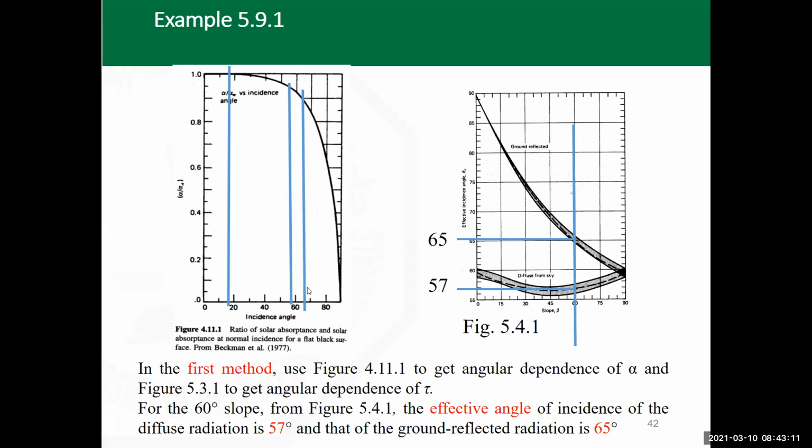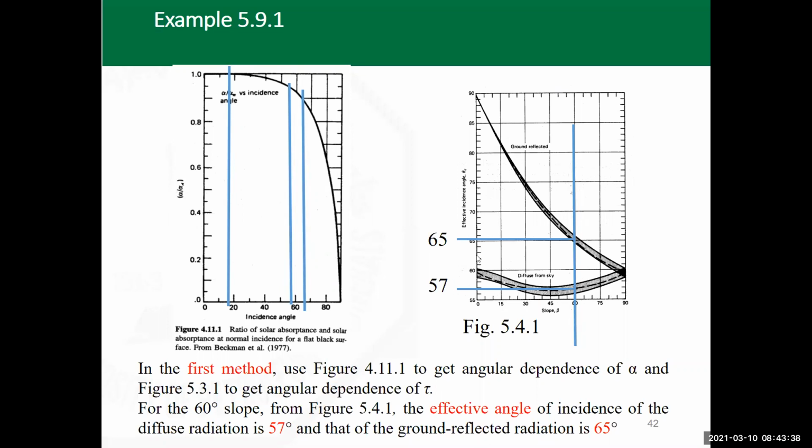We are given that the effective angle for the diffuse component is 57, which is this line in the middle. You construct a vertical line until it intersects with the curve, and then it gives us the corresponding value of alpha over alpha n, the absorptance divided by the absorptance of the normal radiation falling.